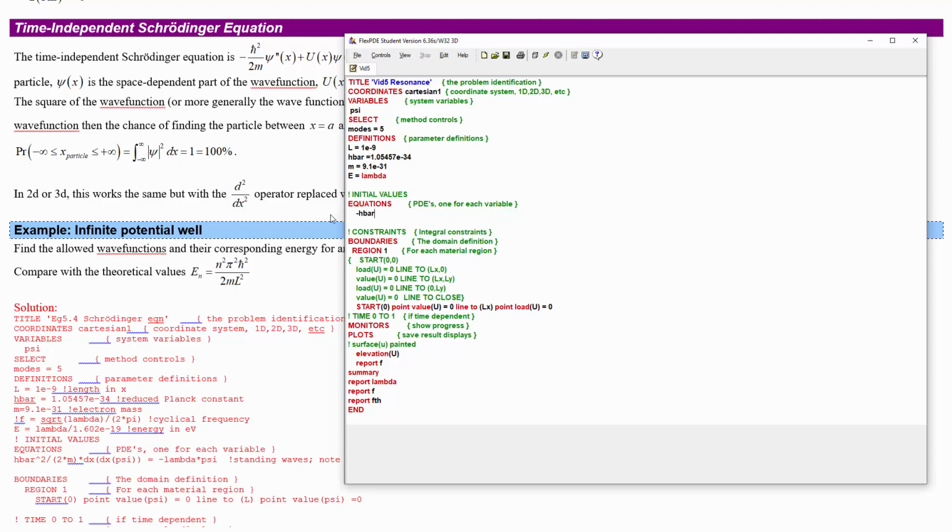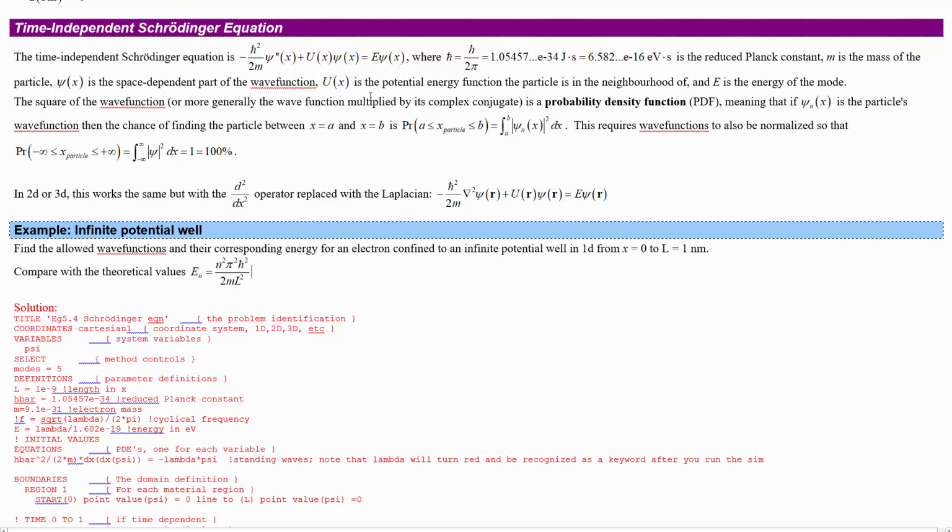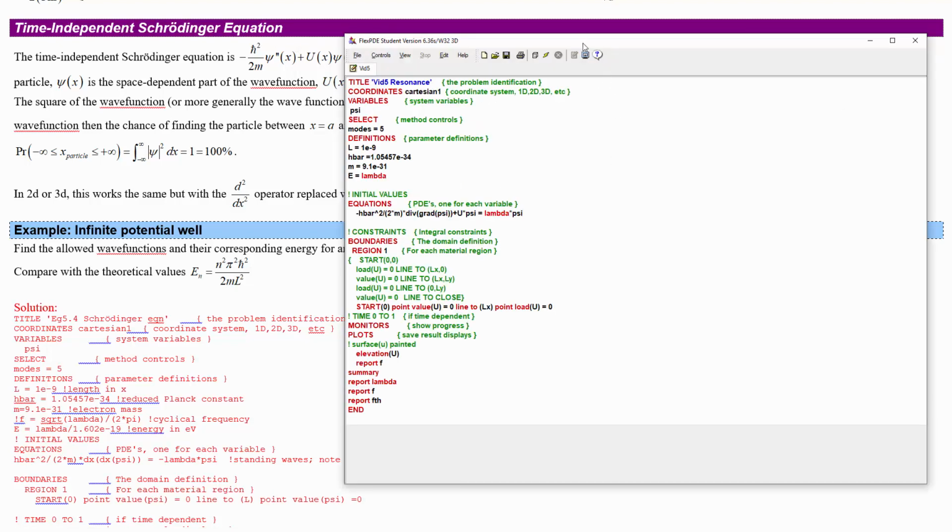We'll say negative h bar squared over 2 times m times the divergence of the grad of psi plus U times psi is equal to lambda times psi. And here's our time-independent Schrödinger equation that we've got.